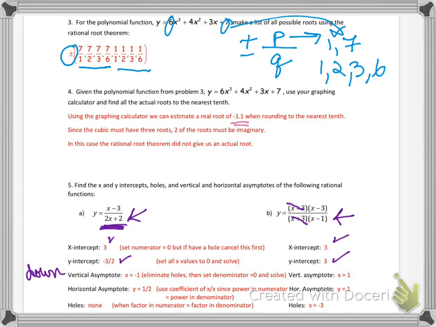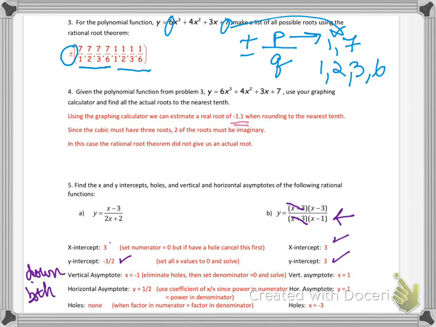Okay, so horizontal asymptote. So I'm going to write the word both. What you're going to do is look at that and say, okay, if the powers are the same in the numerator and the denominator. So in this situation, what I'm seeing is that I will have a linear term over a linear term.